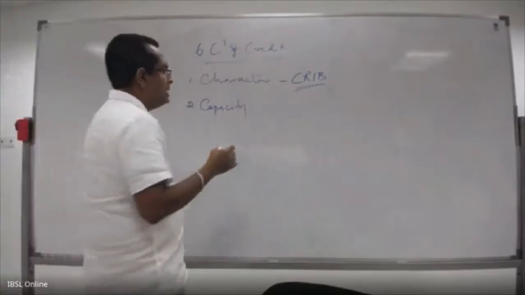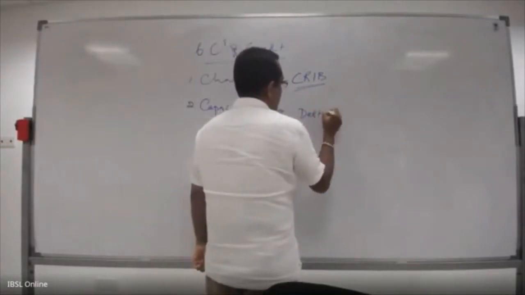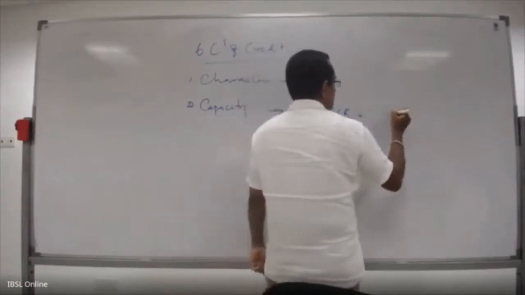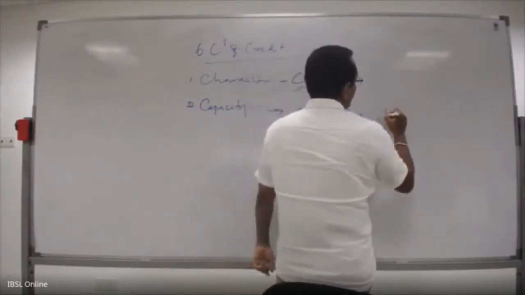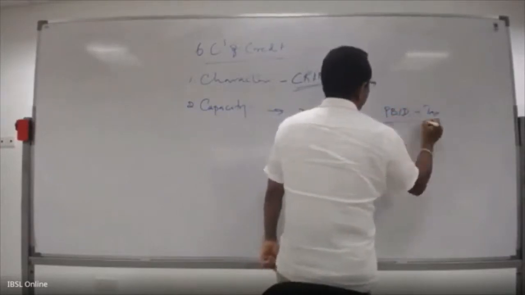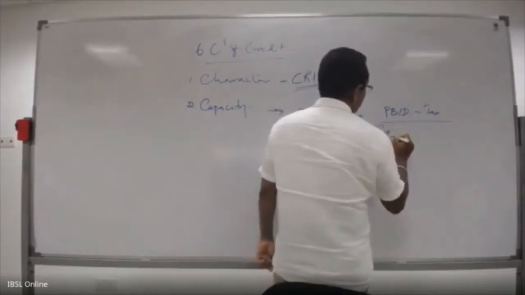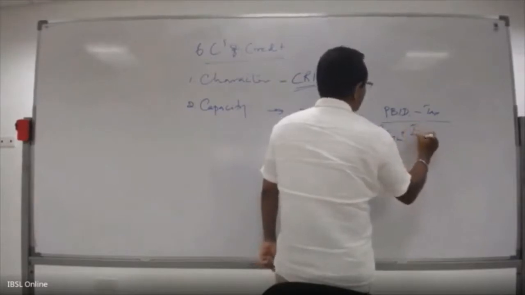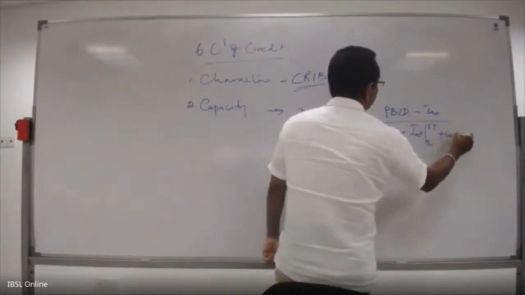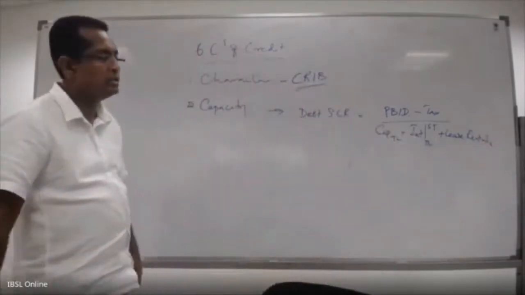Capacity will be calculated by DSCR, debt service cover ratio, which is equal to PBID, less tax if tax is there, divided by capital, term loan, interest, term loan and short term, plus lease rentals. This is the equation for debt service cover.